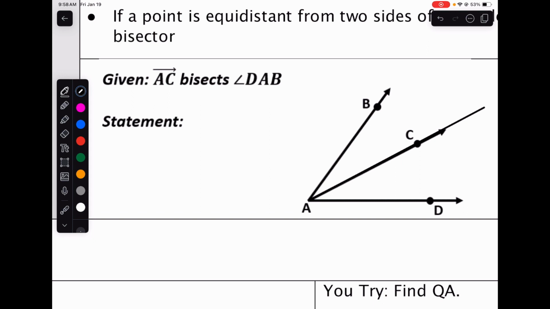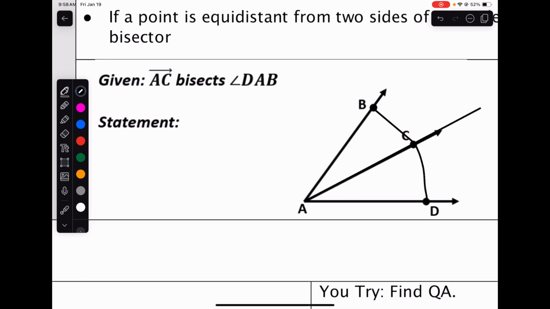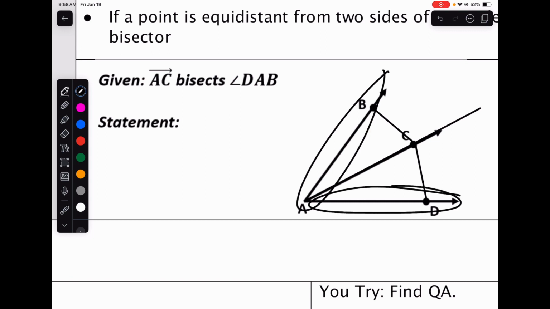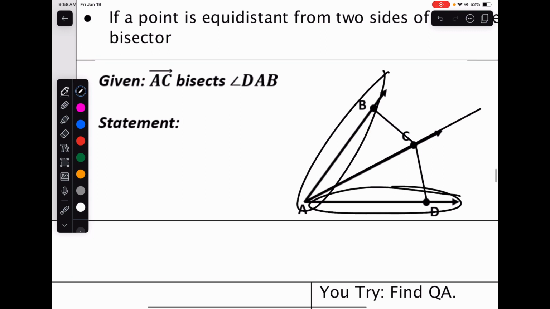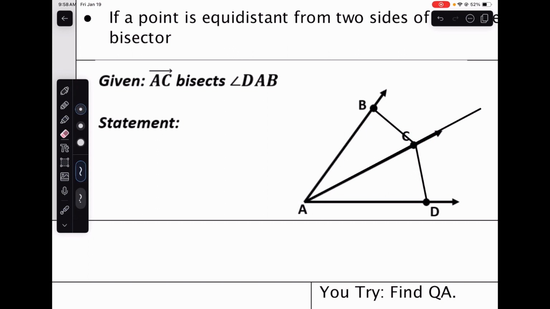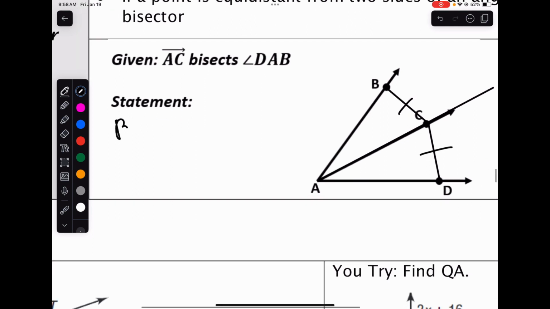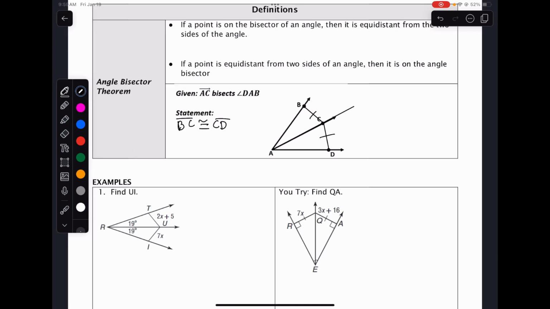Based on this theorem, if we were to connect any two points from the sides of the angle to the bisector, the distance is going to be equal. So that's going to be equal to that, okay? So we could say that BC is congruent to CD, all right?